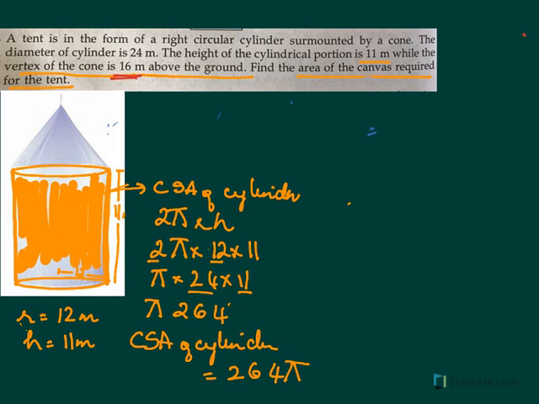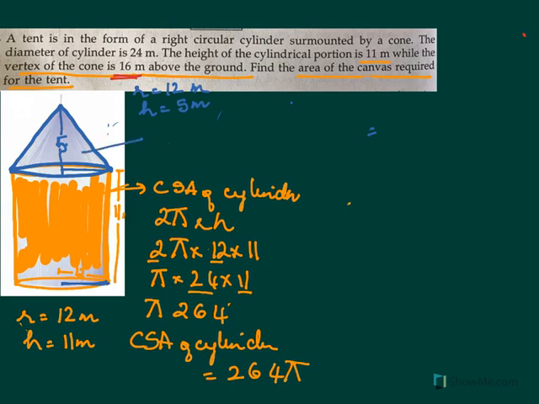Now we go ahead and find the CSA of the cone. This is the cone here. We already know the R of the cone is 12 meters, the same R as this, and we already calculated the height of the cone as 5 meters.